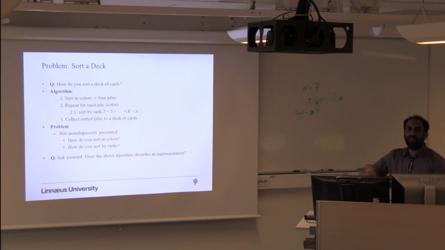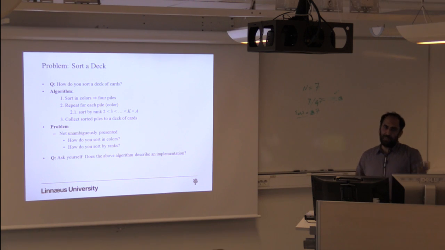It says to sort the colors, but it doesn't describe how. It describes what to do, but not how to do it. An algorithm is more about the steps of how to do it. It doesn't give you any specific instructions on how you should sort the colors and how you should sort the different cards by rank.